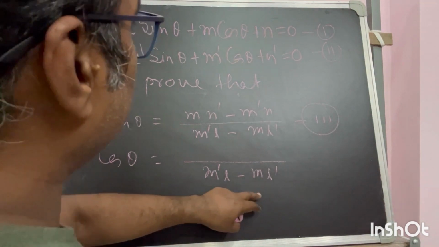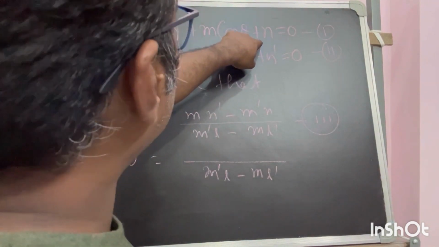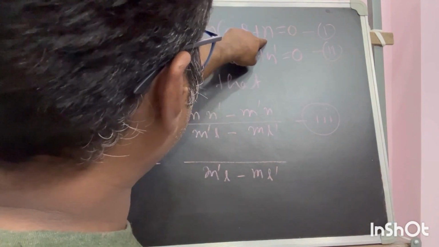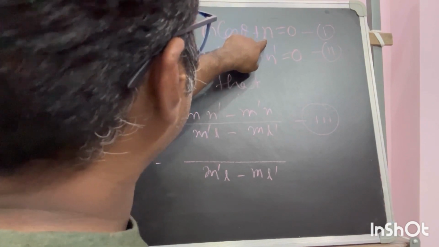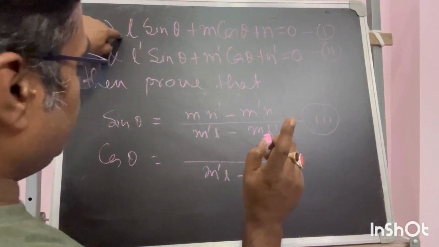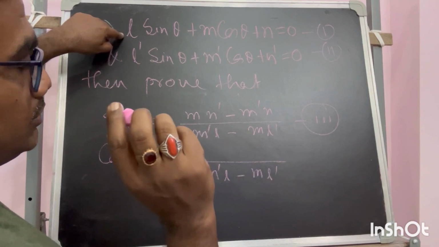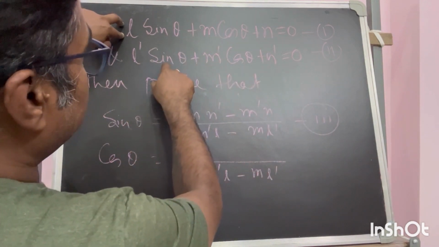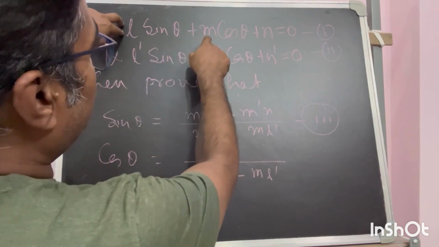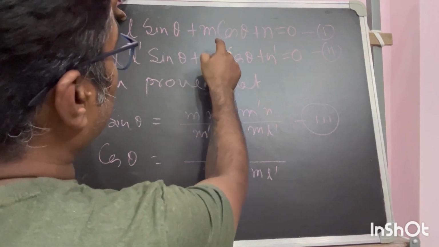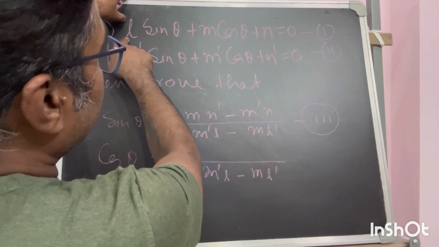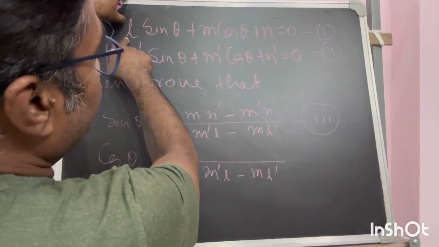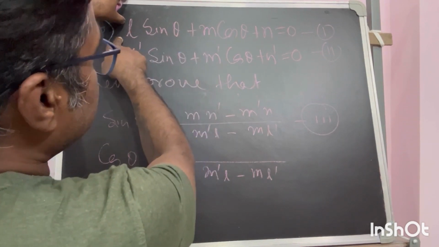How will it come? In this case, to maintain, now my target is to eliminate this part. So to eliminate this part, I will multiply with what? This, in this case, with L dash.